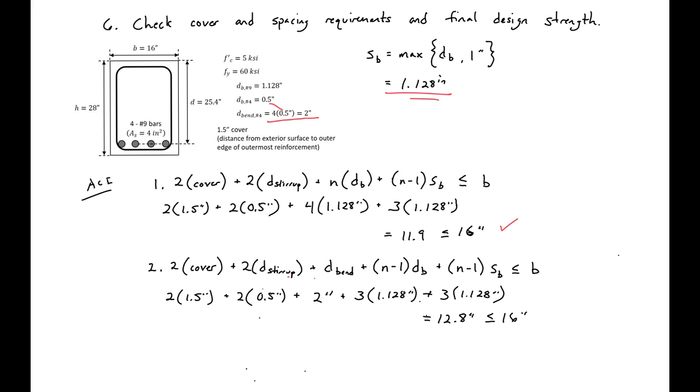So we're okay with both of our checks. We'll be able to get all 4 bars in our section width with the proper spacing in between the bars.